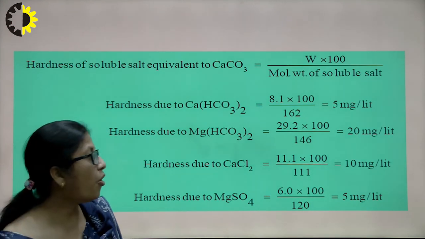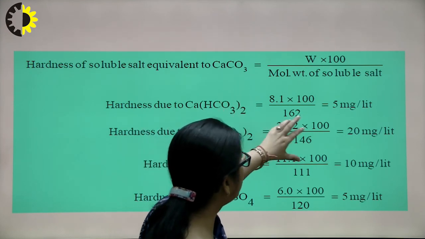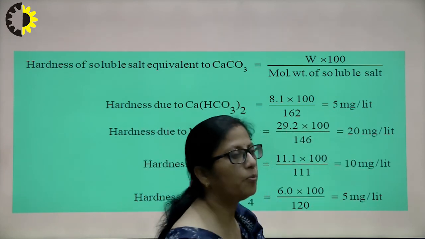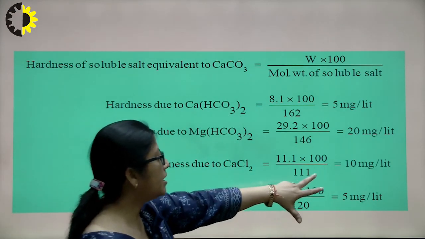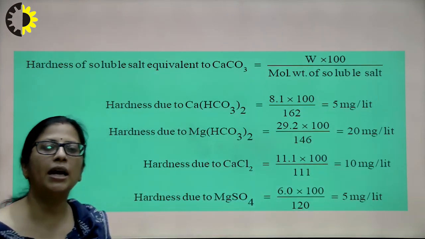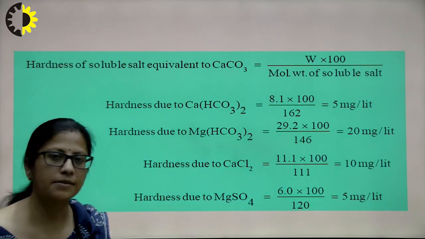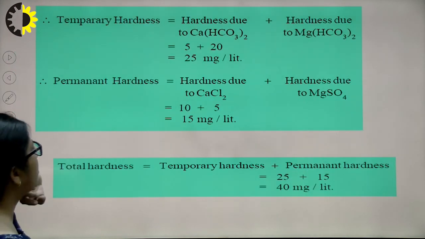So, on addition of hardness caused by calcium bicarbonate and magnesium bicarbonate, I am going to get the temporary hardness, and if I add the hardness by calcium chloride and magnesium sulfate, I am going to get the permanent hardness, the hardness which cannot be removed by simple boiling.